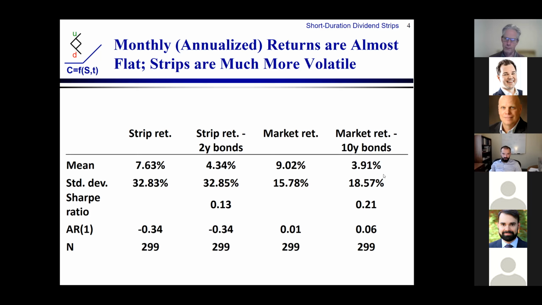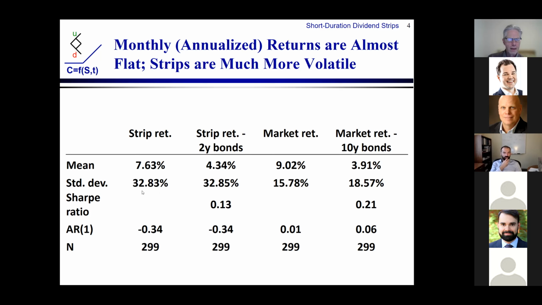So once you correct for the risk-free rate, and you're working with these risk premia, the result becomes even smaller. Here the strip premium is actually slightly larger than the market premium.